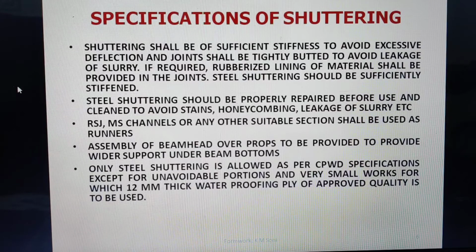Assembly of beam head over props to be provided to give wider support under beam bottoms. And as per CPWD specifications, only steel shuttering is allowed except for unavoidable portions and very small works for which waterproofing ply or approved quality of timber can be used.